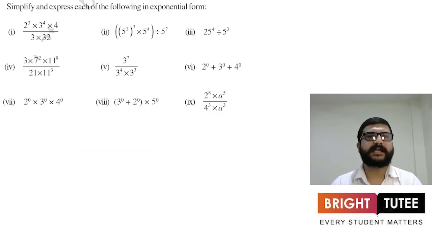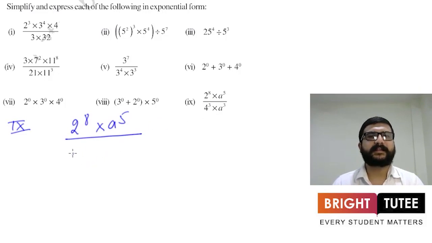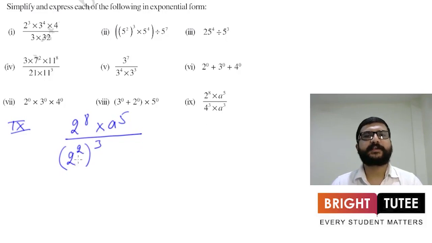Now the last part of this question, the ninth one. We have 2 to the power 8 into a to the power 5 divided by 4 to the power 3. This 4 to the power 3 we can write as 2 to the power 2 whole to the power 3, because 4 is nothing but 2 to the power 2. So we just replaced 4 with 2 to the power 2.